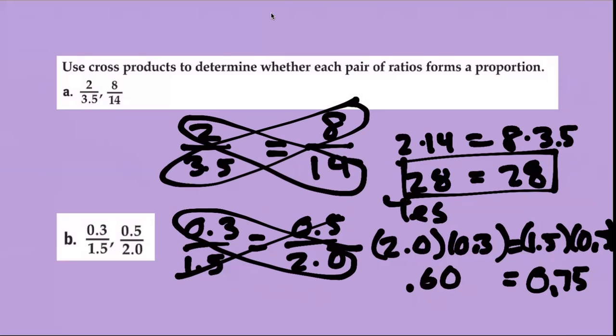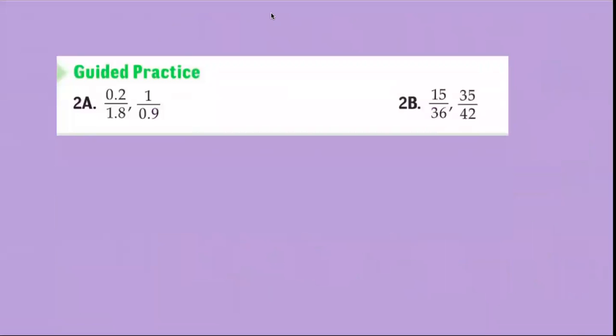And if you look at this, these are not equal to each other. Oops, that's not what I meant to do. If they're not equal, the not equal sign is when you put a line through the equal like that. So these are not equal to each other. Therefore, this would be a big no. It does not form a proportion. All right, you try these and come back and check your work.